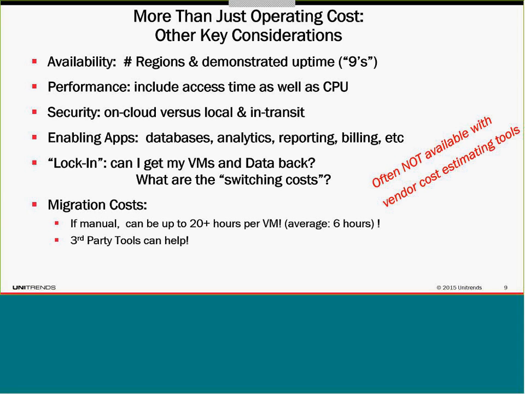You really need to have a feeling for how important availability or uptime is for you. There would be performance differences, including the access time as well as just the CPU utilization. You're actually providing your own security or going to leverage perhaps a for-charge security application on one of the public cloud sites.